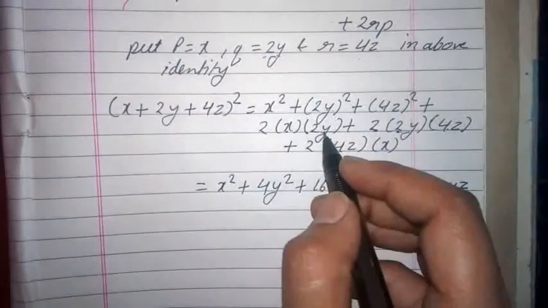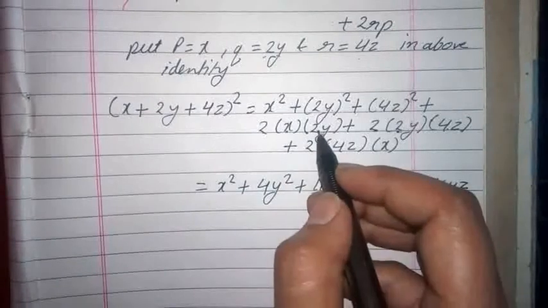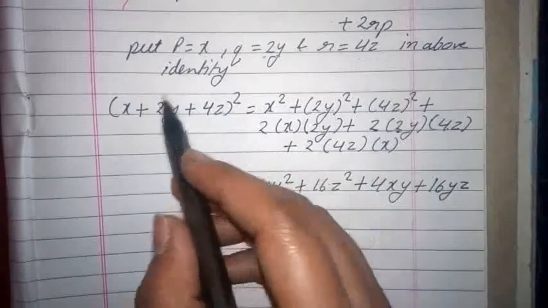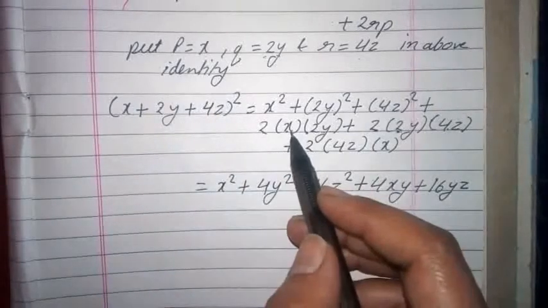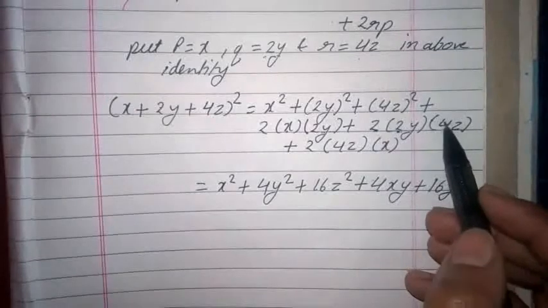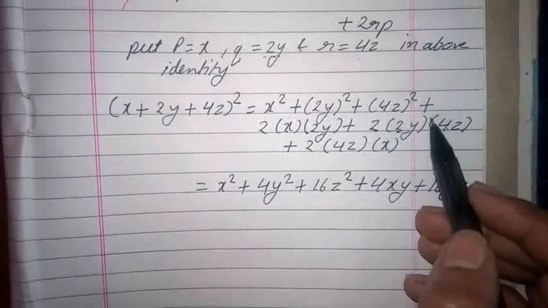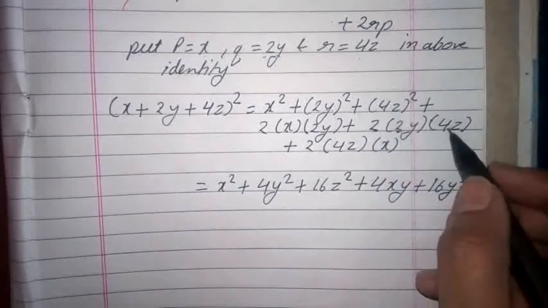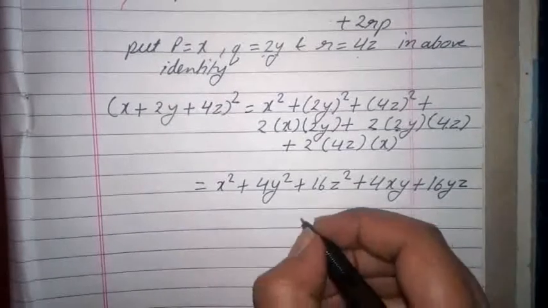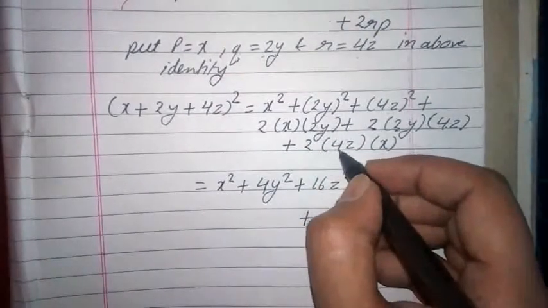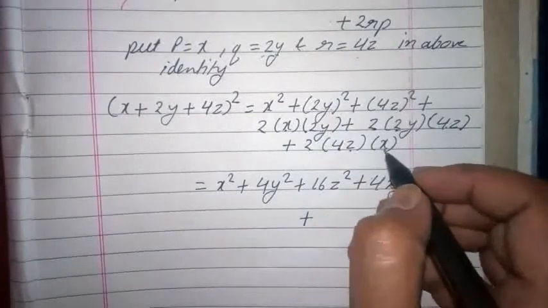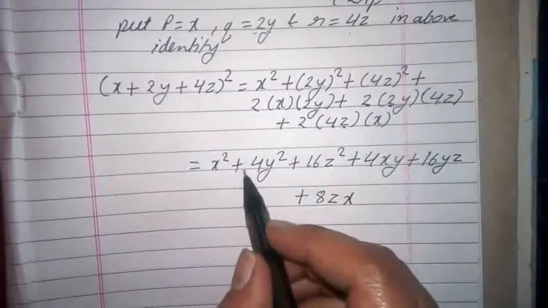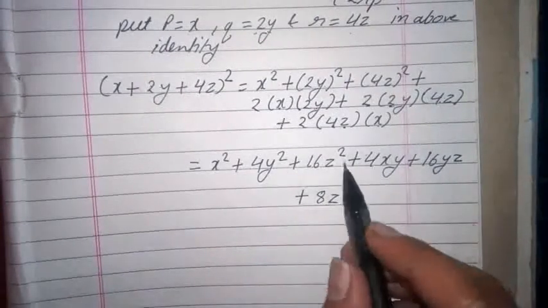Here x and 2y are unlike terms, we can multiply them but we can't add them. Plus 2 into 4z into x is 8zx.